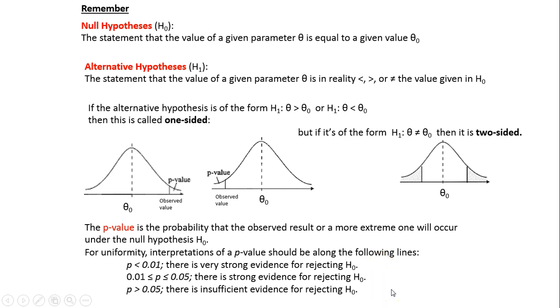If it's between 0.01 and 0.05, between 1% and 5%, then there is strong evidence for rejecting H0. If it's greater than 0.05, 5%, there is insufficient evidence for rejecting H0. We cannot reject H0.